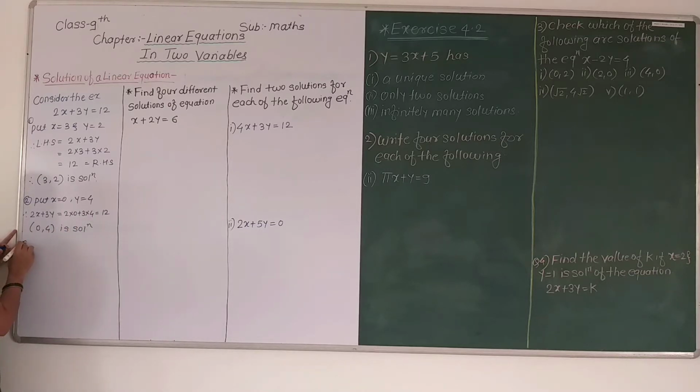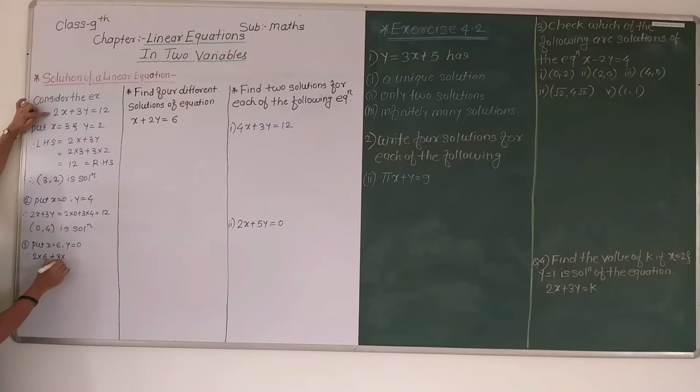Okay. Now if I substitute x is equal to 6 and y is equal to 0 in the same equation, what will we get? 2 into value of x is 6 plus 3 into value of y is 0. So 2 6s are 12.